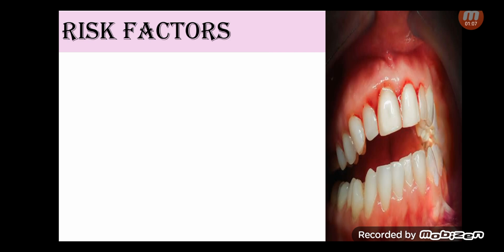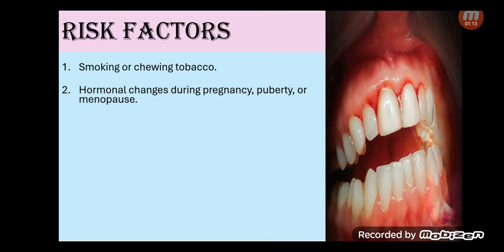The factors that increase the risk of gingivitis are: smoking or chewing tobacco. Then hormonal changes during pregnancy, puberty, or menopause can also influence the probability of gingivitis, and chronic illness such as diabetes can also increase the risk.